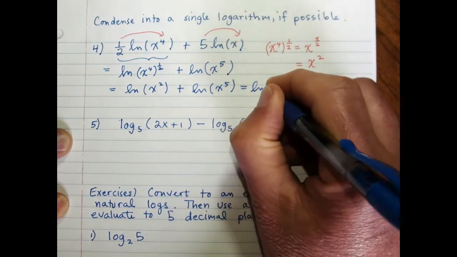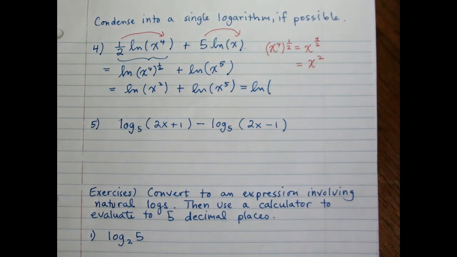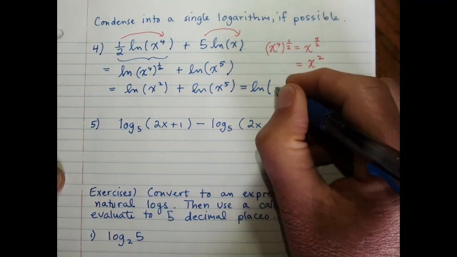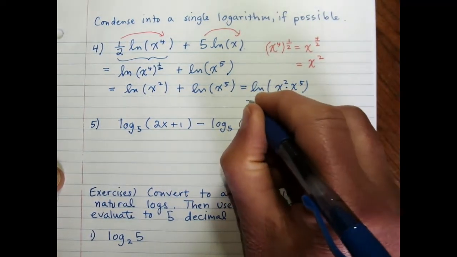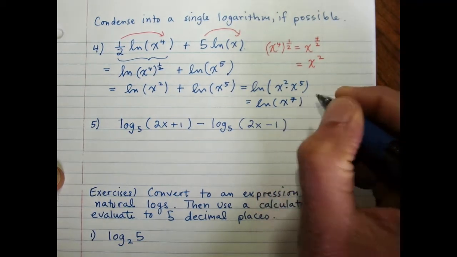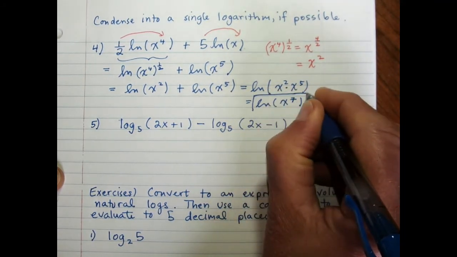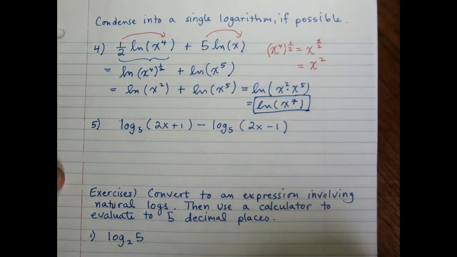And now I can multiply them together, a backwards application of law 1. That will be x squared times x to the 5th, which is ln of x to the 7th. And there's my combined into one logarithm, ln of x to the 7th.